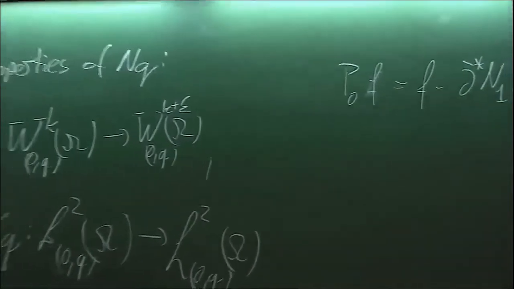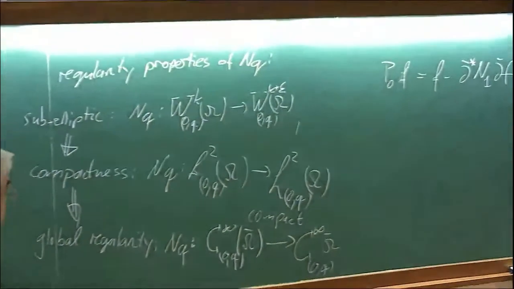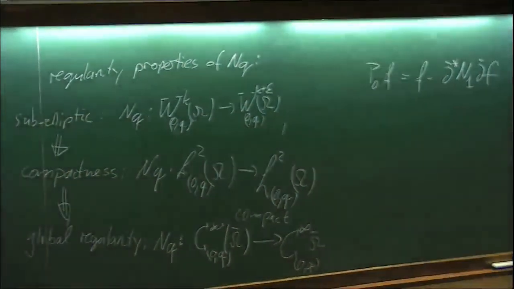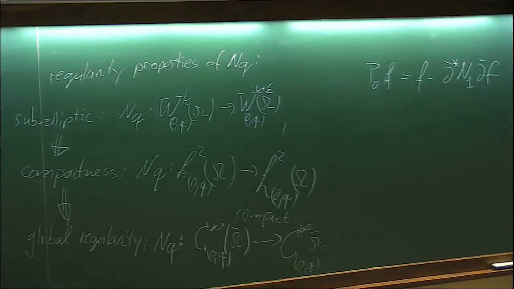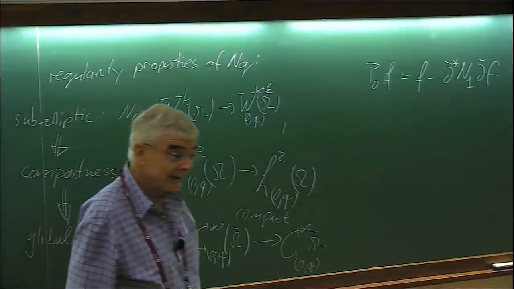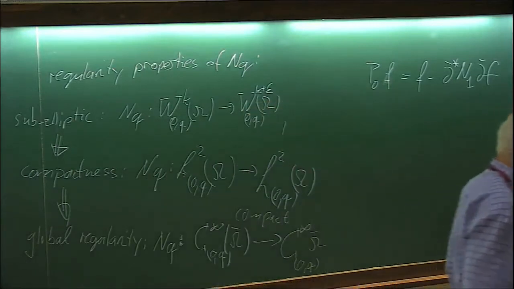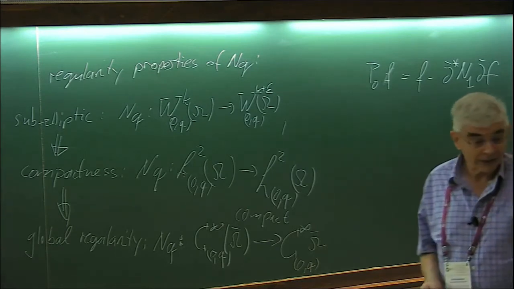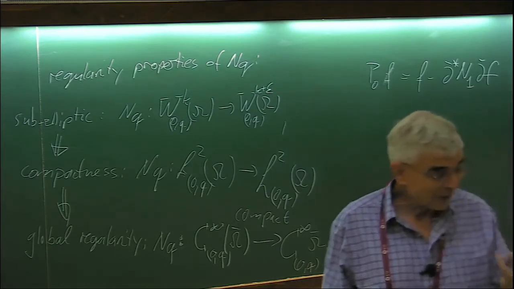Another subject that's also very interesting that I will ignore. Well, we have self-adjoint operators here, box_Q and inverse N, say box_Q. So one should look at the spectral theory of these operators. That turns out to be a rich source of interesting problems, and the spectral properties reflect complex geometric properties of the boundary.